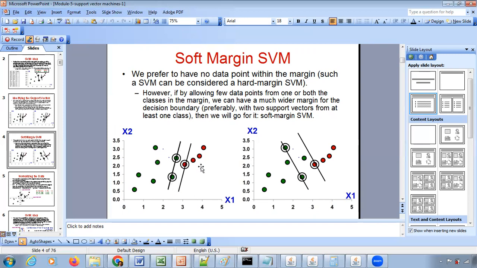And since we need two data points, even though the green data point on the top is the closest, we need to include this, because we need two data points from one of the two classes. It's not possible to have two from the red class in this layout, so it's better to go with the green one. If we go with these two support vectors and connect them using a parallel line, you get this parallel line, and this is the margin of the decision boundary.